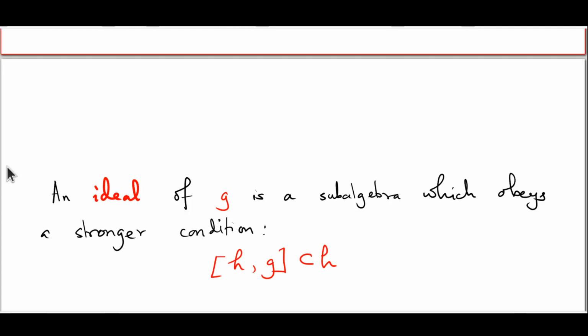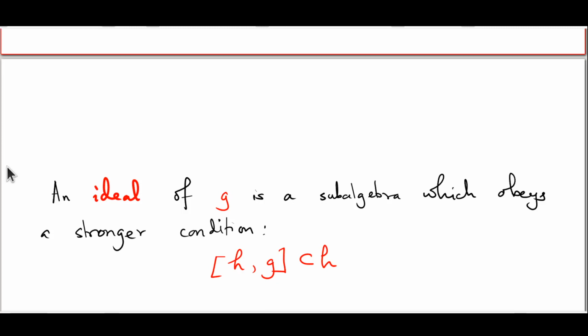So, the Lie bracket of the set H and the set G is actually contained within H. This is of course much stronger than the condition for a subalgebra, which was simply the Lie bracket of H with H has to be contained in H. Here, the Lie bracket of H with all of G has to be contained in H.